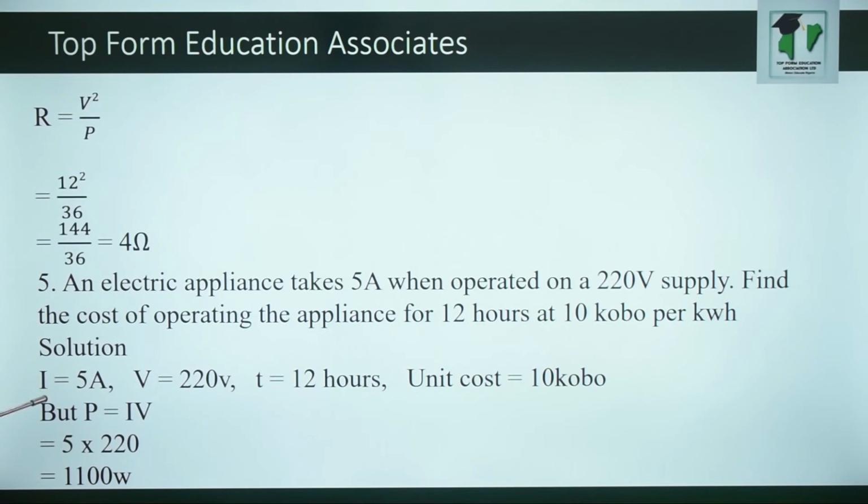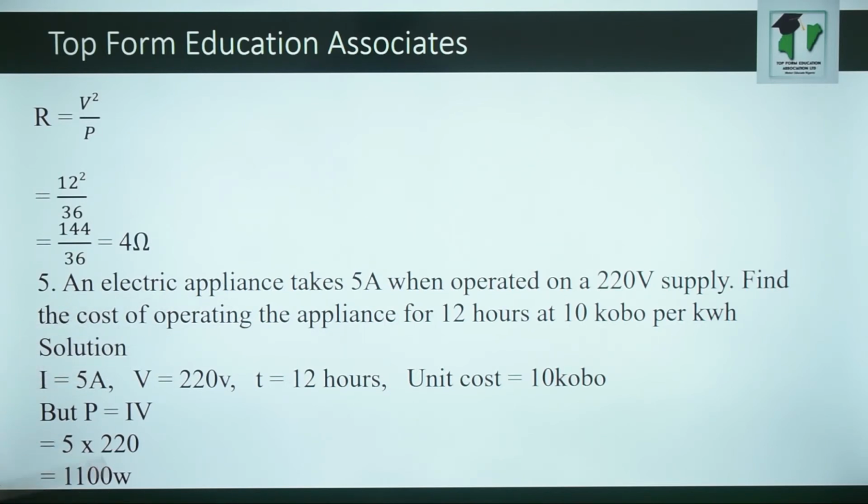So we'll have that I is equal to 5 ampere given to you in that question, and V is 220 volts. That is, the voltage is 220 volts. The time taken is 12 hours. And the unit cost there is 10 kobo. You are asked to find the cost of operating the appliance.